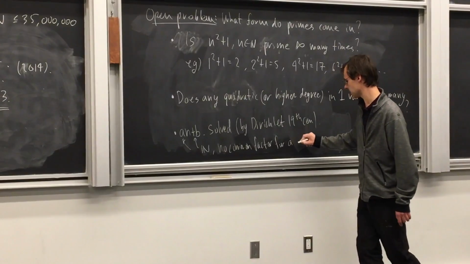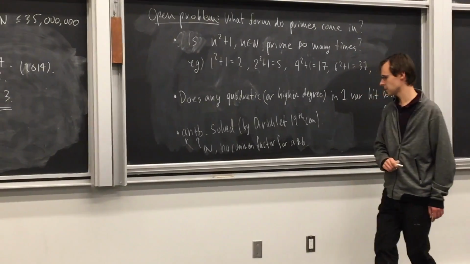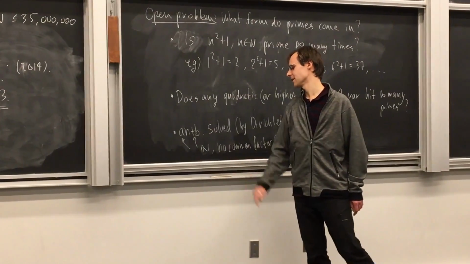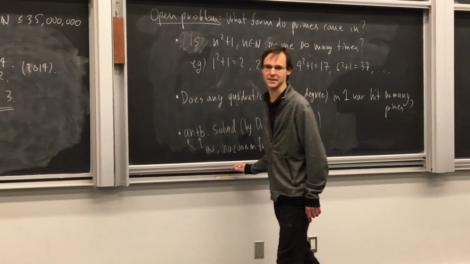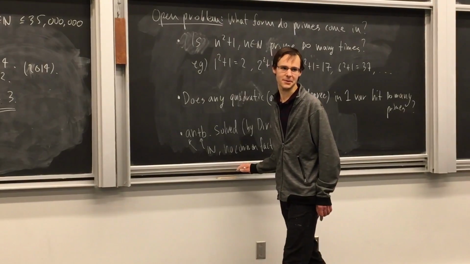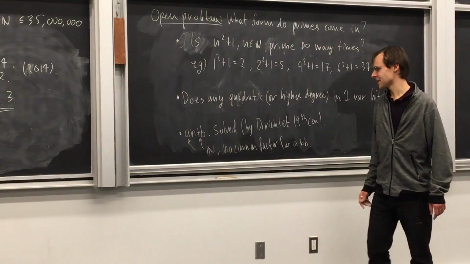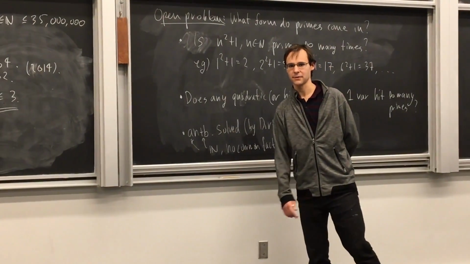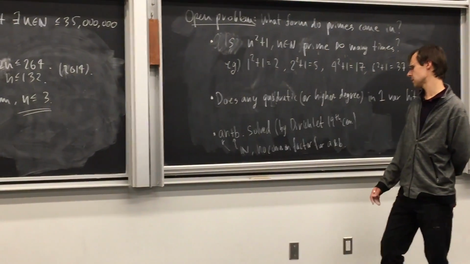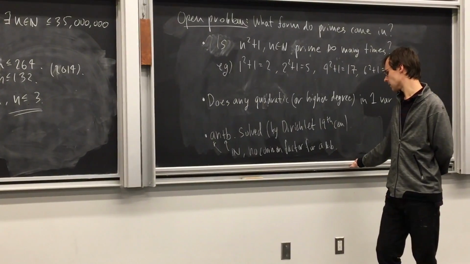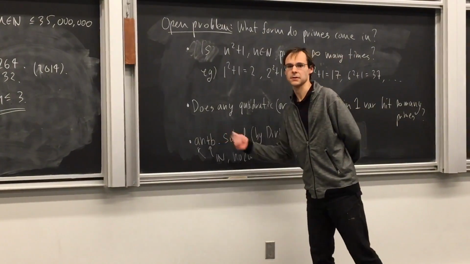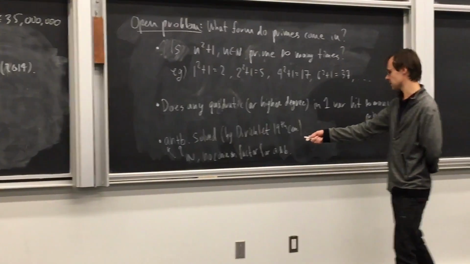So, in particular, you set 2 and 1, something silly like that, and you get that there are infinitely many odd primes. Well, no surprise. But you can set a and b to be something more interesting, like 3 and 1. Then you get that there are infinitely many primes which are 1 more than a multiple of 3. And you can set these to be anything you want. So this problem was solved.